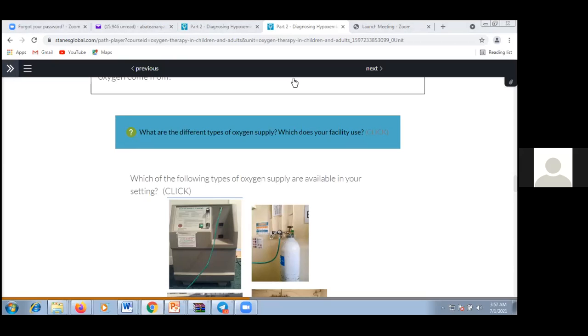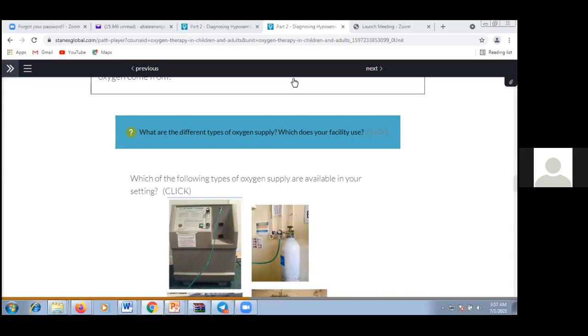Very good, Emmanuel. So he said concentrator, cylinder, and pipeline. Excellent. Is there anything else? From atmosphere, okay. So quite interesting. So from atmosphere, there is oxygen. Yeah, 21% oxygen. Also from cylinder, concentrator, pipeline, e-cylinder. These are small cylinders attached to the anesthesia machine.